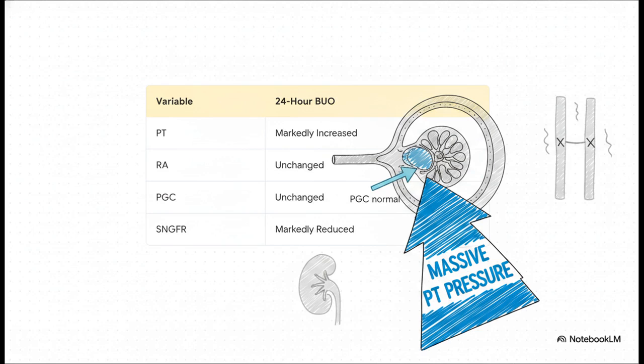But, and here is the trap, the single nephron GFR remains deeply depressed purely because the proximal tubular pressure, PT, is so massively elevated. The physical backup of urine is pushing back so incredibly hard that a perfectly normal capillary pressure simply can't overcome it. Filtration is halted by extreme back pressure, not by a lack of blood flow.